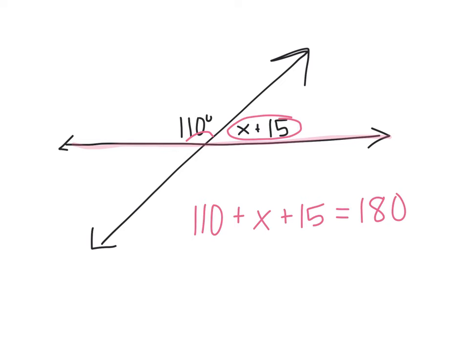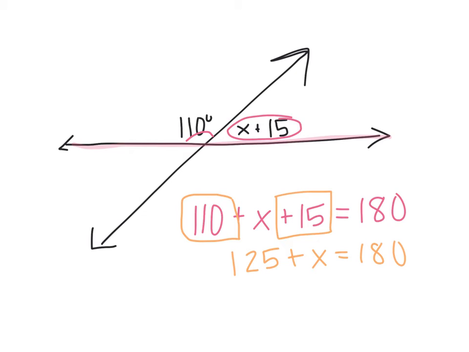From there, I'm going to combine my like terms. So we're going to combine 110 plus 15, which is 125, plus x equals 180. From here, we're going to use our inverse operations and subtract 125 from both sides.